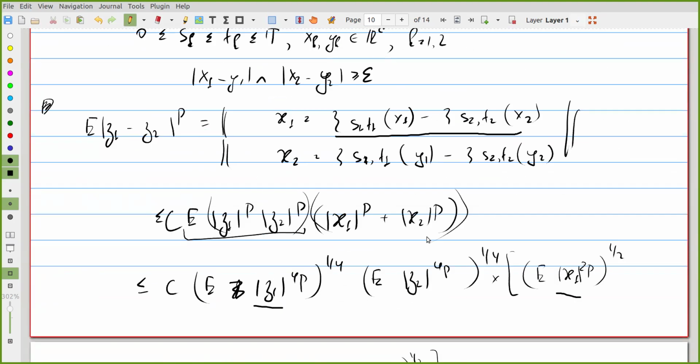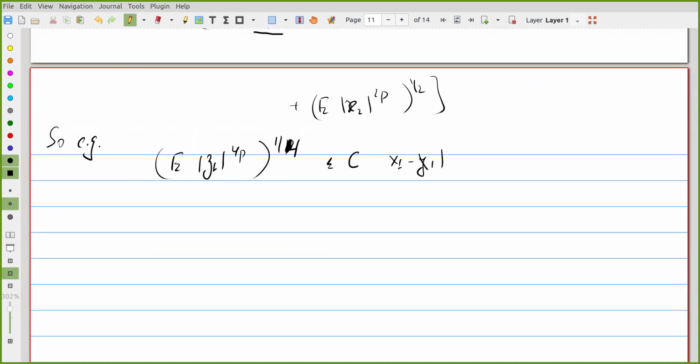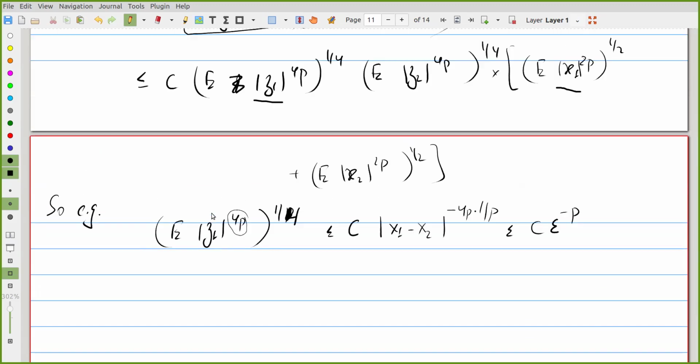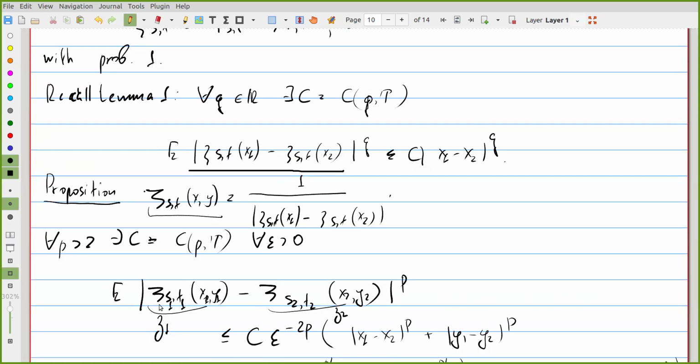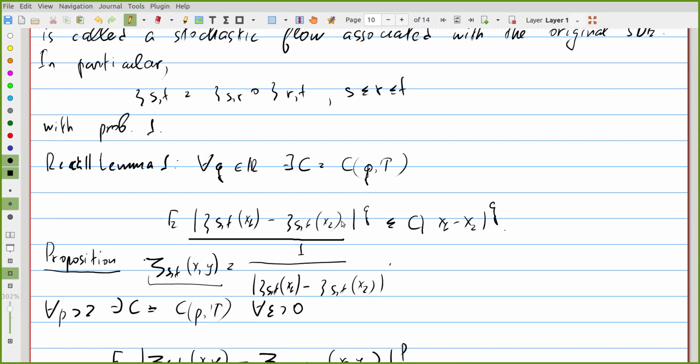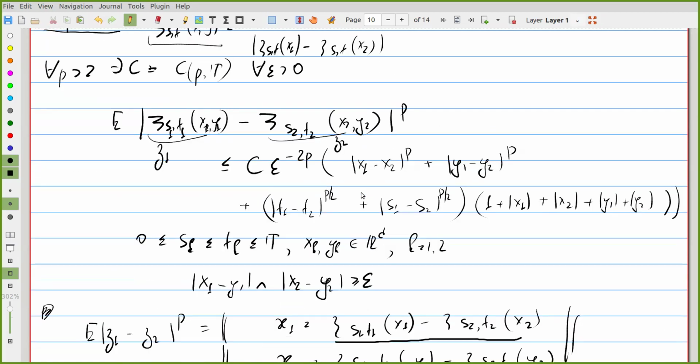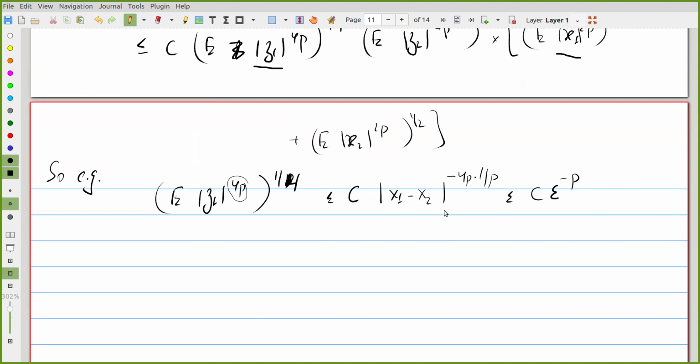No, I think I did not. X2 to the power minus 4p. And this is delta. Why? Because this is for p, but Z1 is already theta, which is 1 over. So here q should be taken minus 4p. This gives us this. Now, combining everything together, we can conclude.